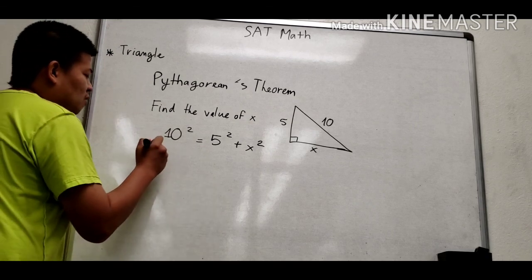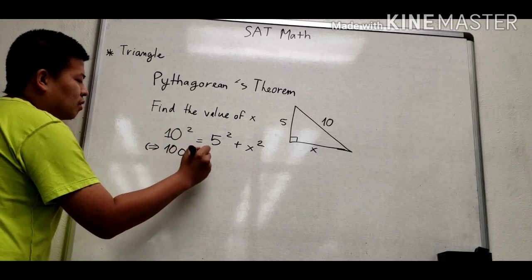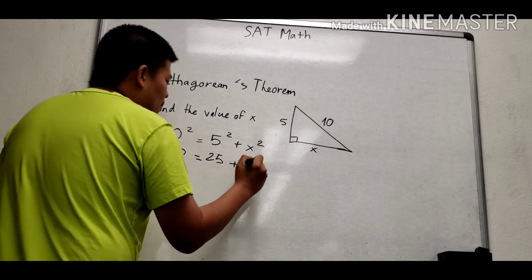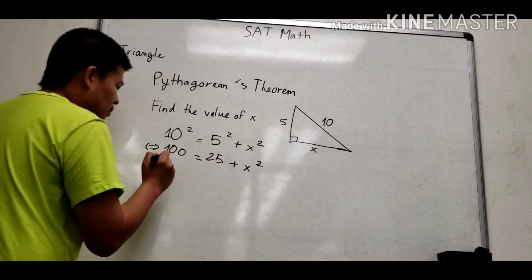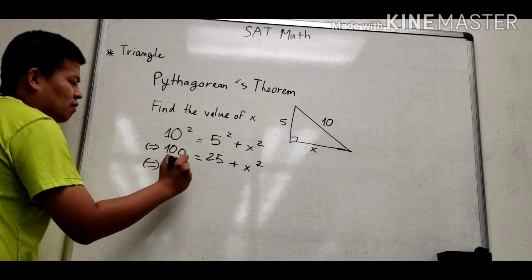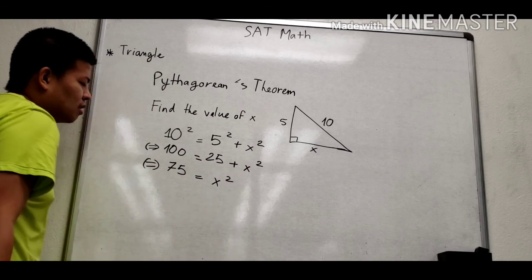So now let's do this. 10 power 2 is 100. 5 power 2 is 25. Plus s power 2. 100 minus 25 is 75, equal to s power 2.